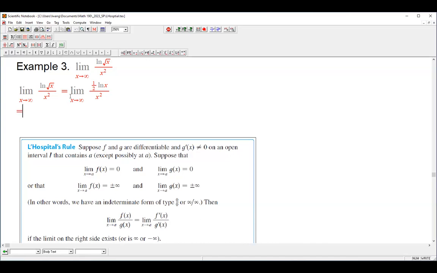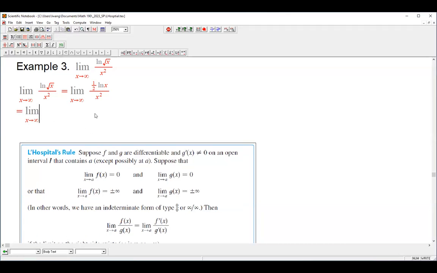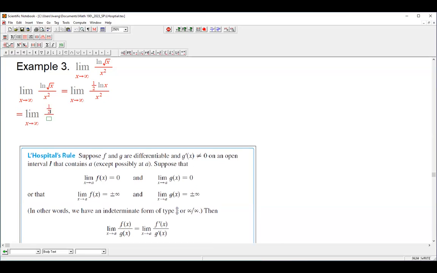We take a derivative of the numerator, and we take a derivative of the denominator. The derivative of ln x, of course, is, well, keep the 1/2, we could actually put it in the front, equals 1/x.